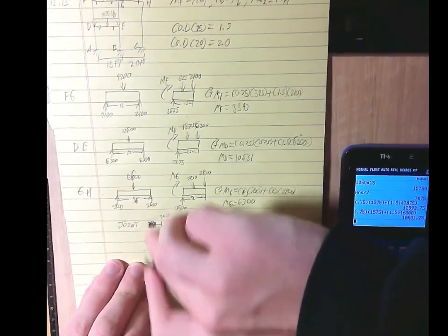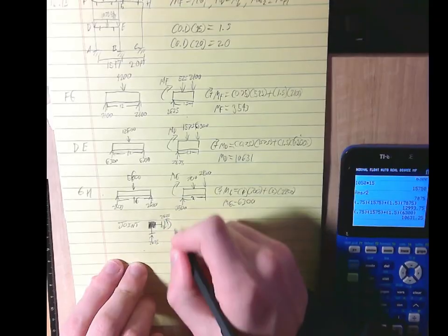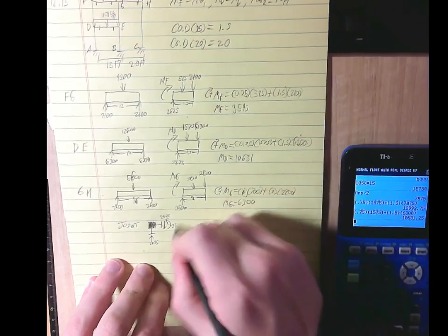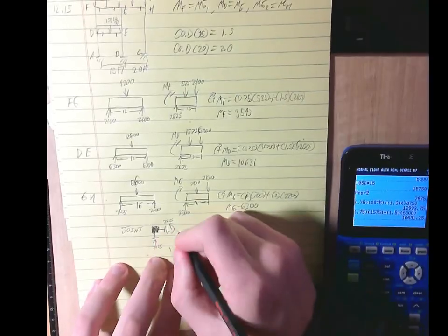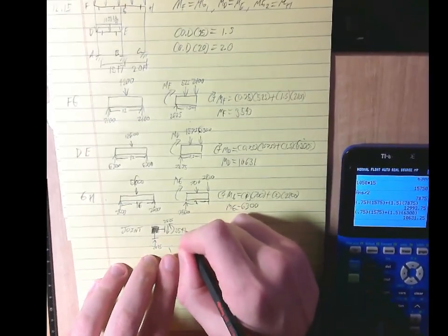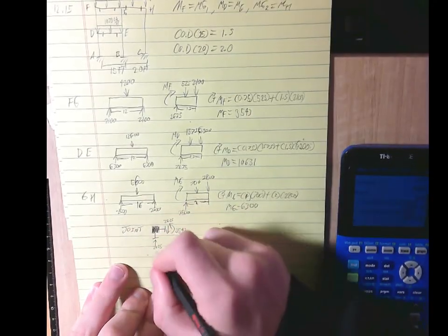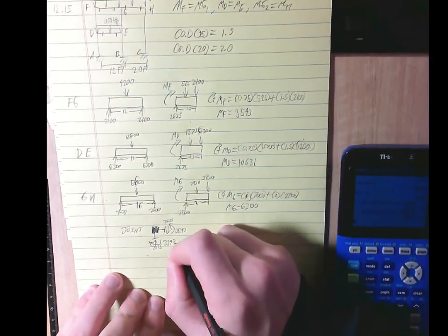This moment is going this way, but when it touches this side, it's going to go this way. So draw the moment like this. That's going to be 3543. Which means it's turning this way, it's going to turn that way, right into the other one right here, 3543.